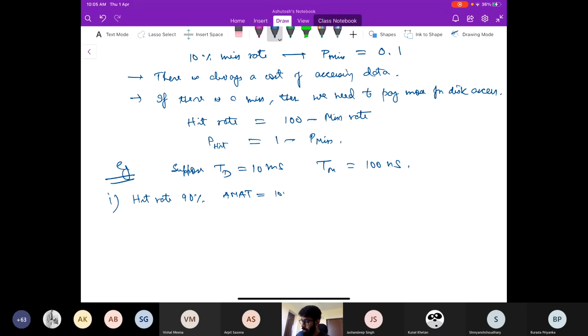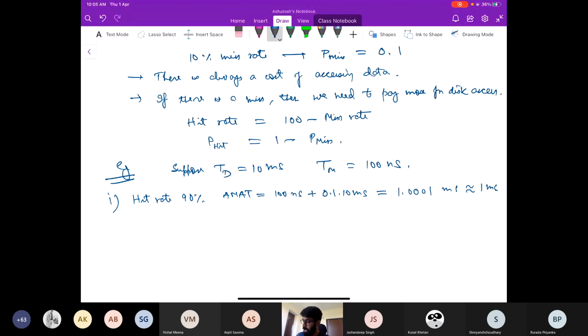It's going to be 100 nanosecond, which is the Tm, plus 0.1 times 10 milliseconds. 0.1 times 10 milliseconds is 1 millisecond, plus 100 nanoseconds, so it's 1.0001 millisecond, approximately 1 millisecond.